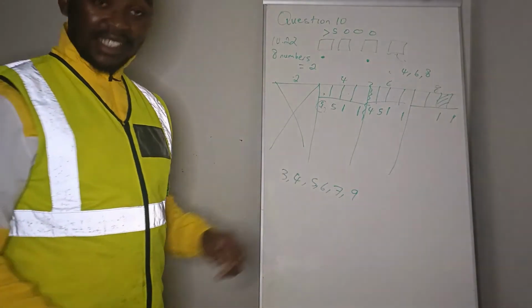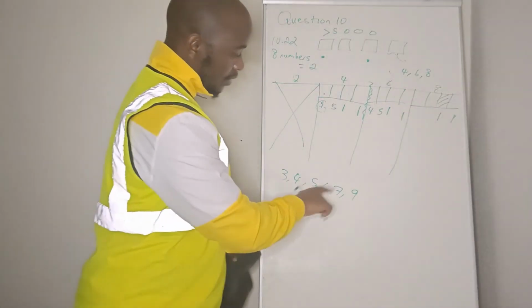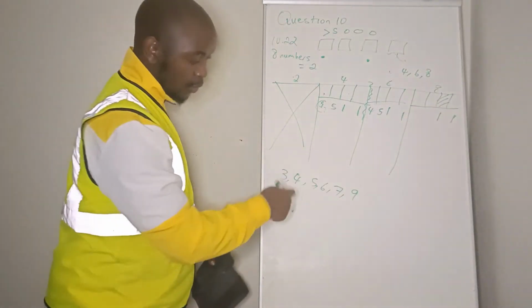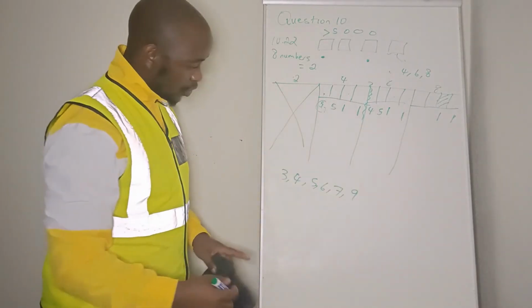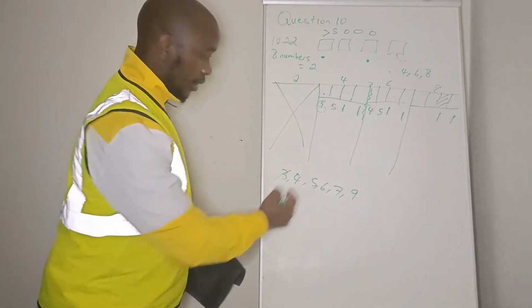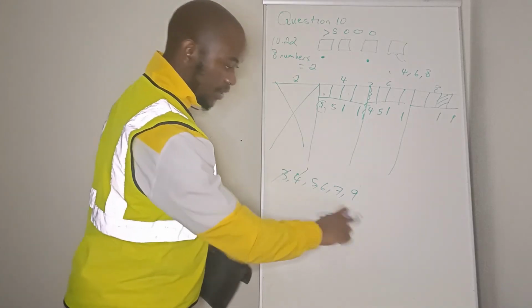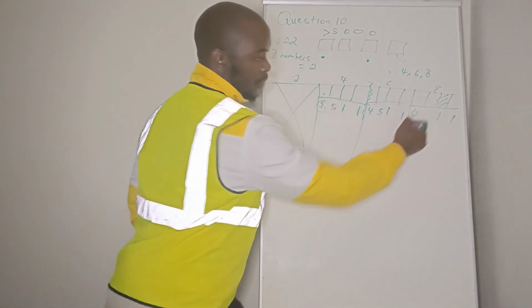So we have still 6 options, and we've already taken 8. So it was 7, we've taken 8. And now for this block, how many numbers can we choose? We cannot choose 3, we cannot choose 4. We still have 4 options that are left.